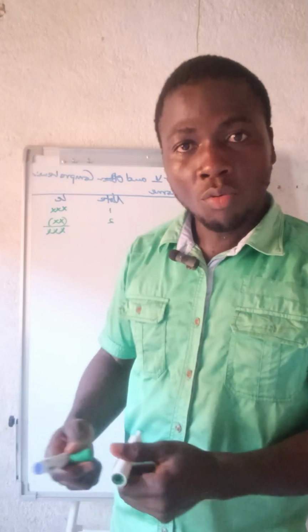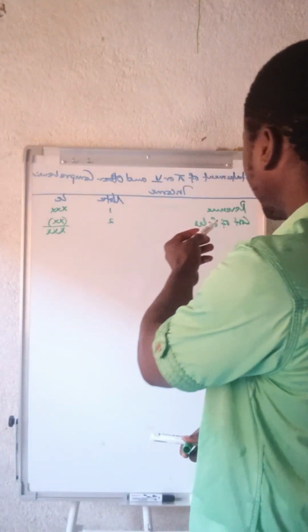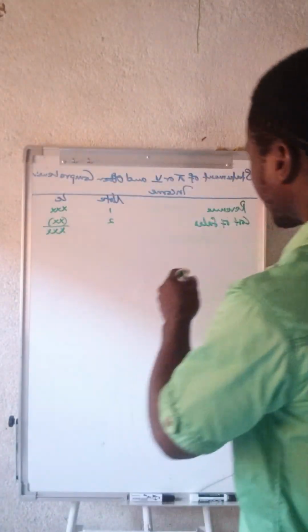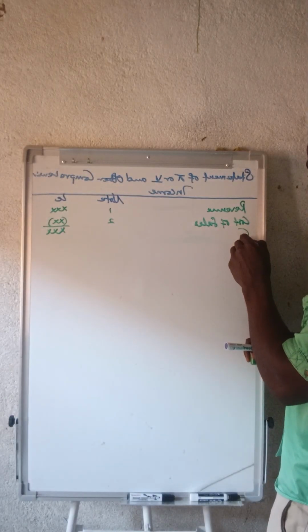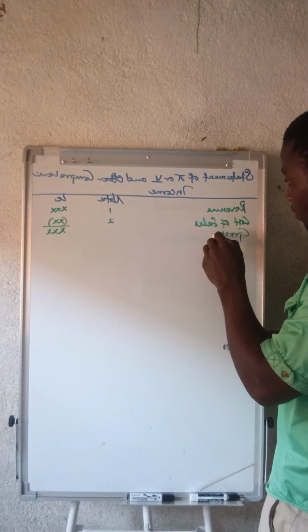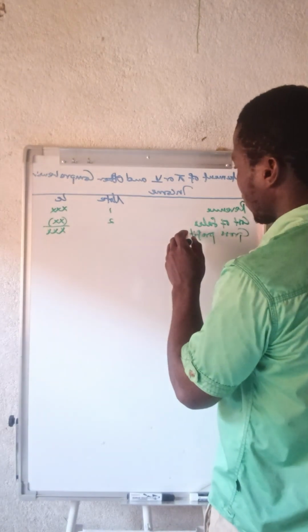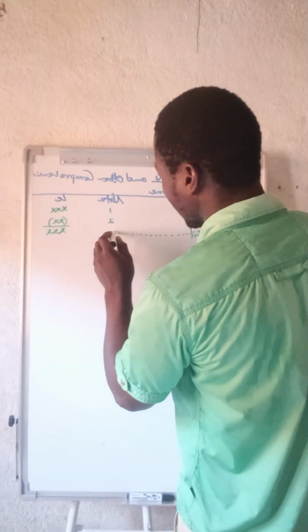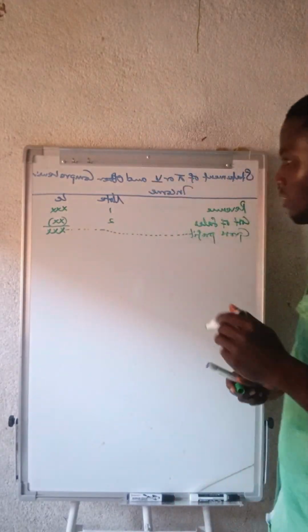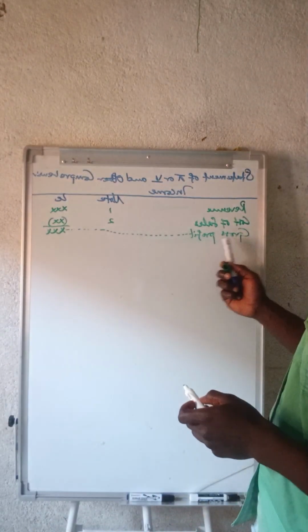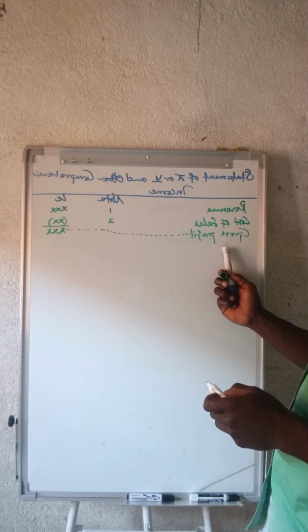What do we expect after we less our cost of sales from revenue? We now expect what we know as gross profit. This is gross profit.